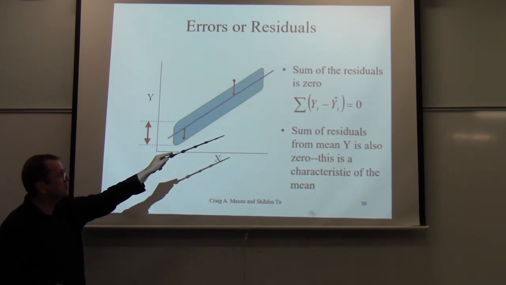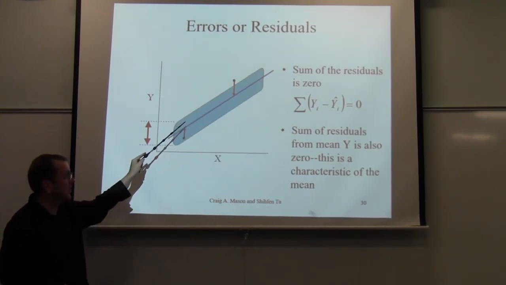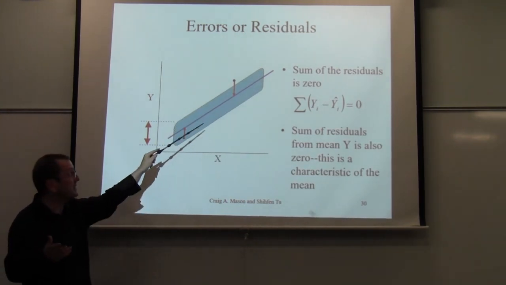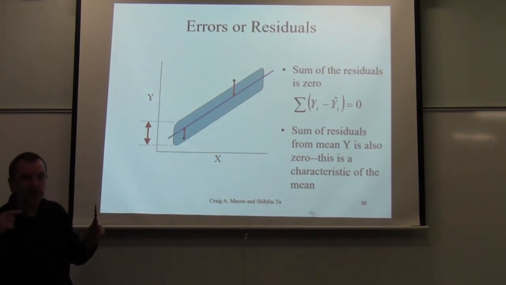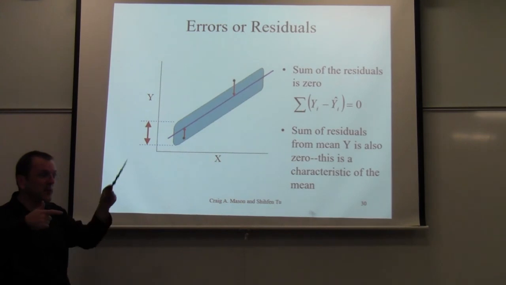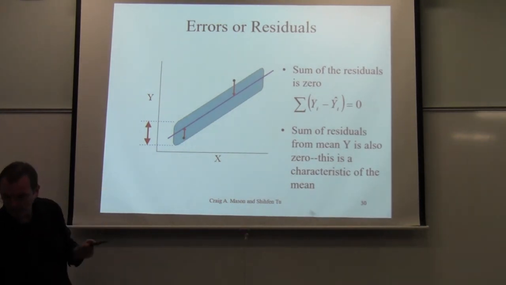So the sum of the residuals is going to be 0. In reality, that's a characteristic of the mean. If you think of just predicting the mean, you know you're going to get those equal to 0.